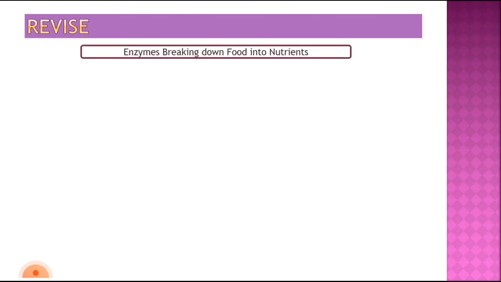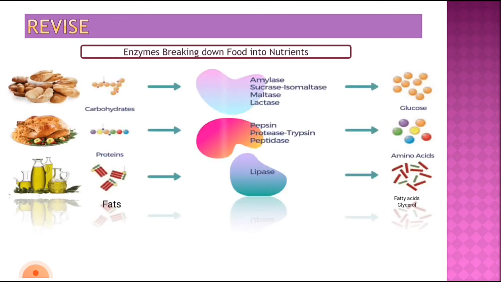So now, let us quickly revise what we have learned so far. We have seen that many enzymes present in the alimentary canal help in breaking down food into nutrients. First of all, a few enzymes, which are amylase, sucrase, maltase and lactase, help in breaking down the carbohydrates into the simpler form which is called glucose. Pepsin, trypsin, peptidase help in breaking down complex proteins into simpler amino acids.